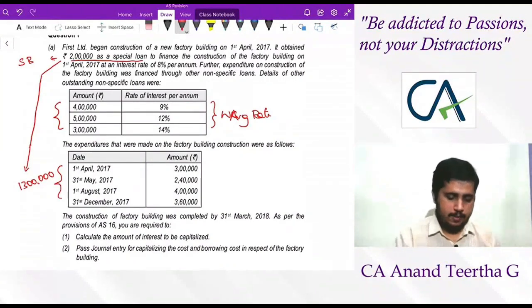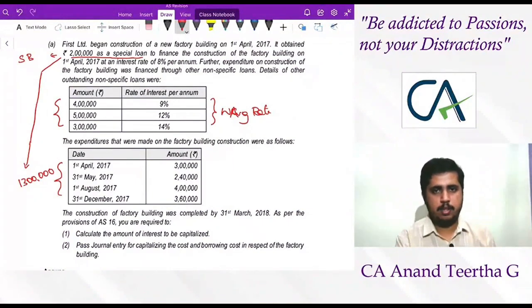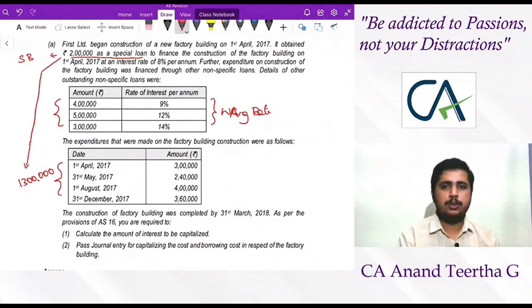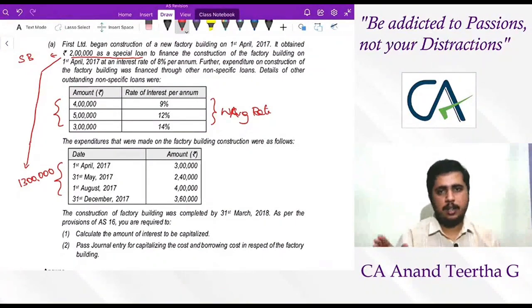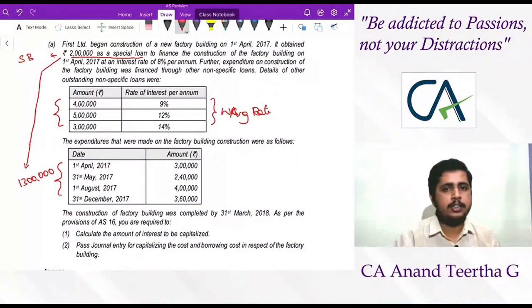Now the second one. See, all these loans are there at the beginning of the year itself. Even if you had utilized the amount at the beginning of the year itself, the entire interest belongs to that construction. Example, construction started on 1st April and you utilized the entire 11 lakh on 1st April itself.